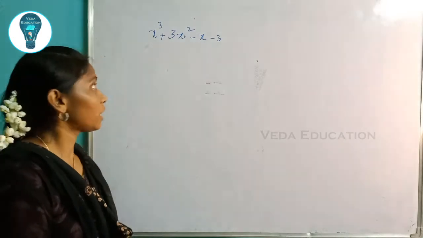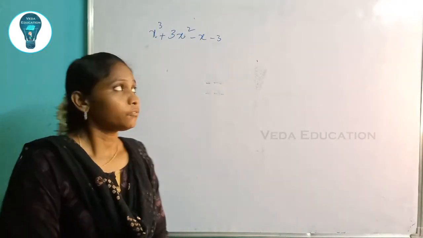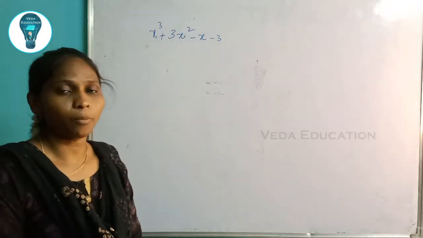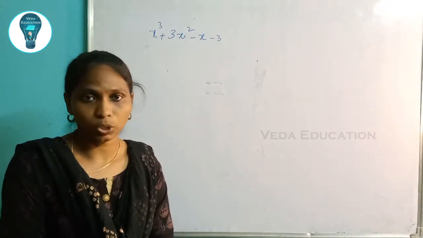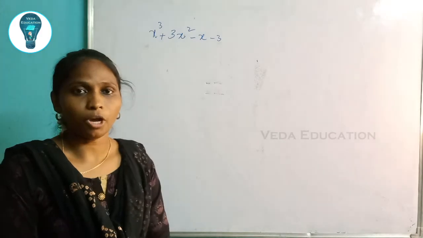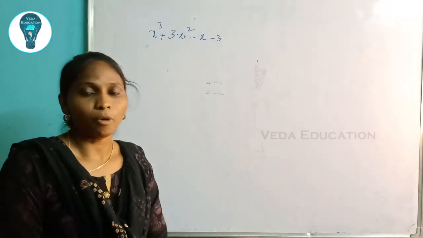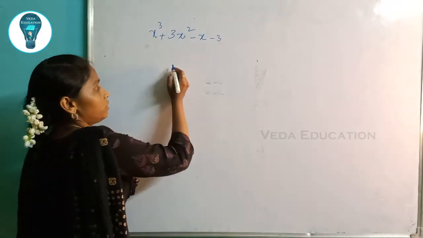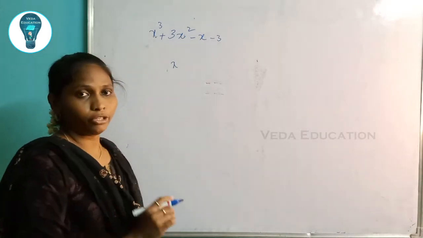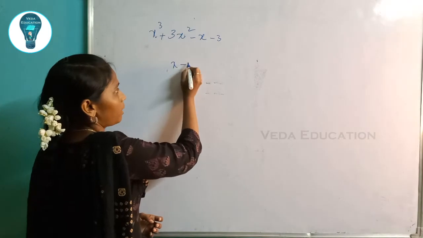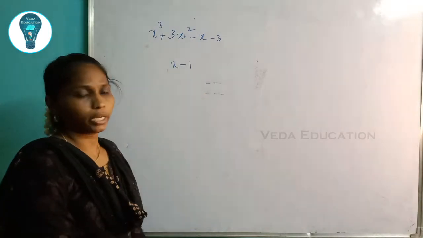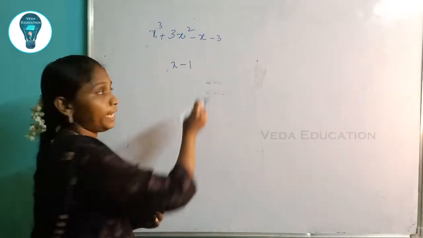Here one zero of the polynomial is given. For the cubic polynomial, 1 is the zero of the polynomial. That means if you substitute 1 in place of x, it becomes 0. So when you write it in polynomial form, if they give us 1, it becomes x minus 1, a linear polynomial.